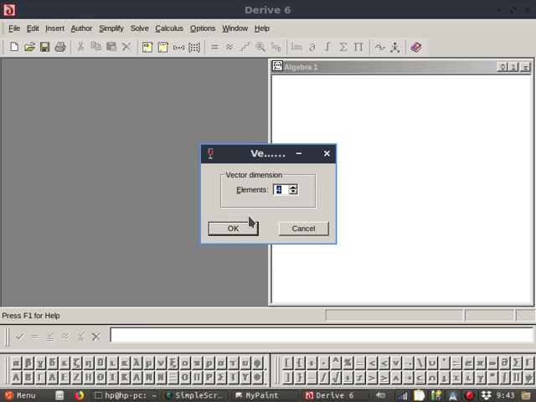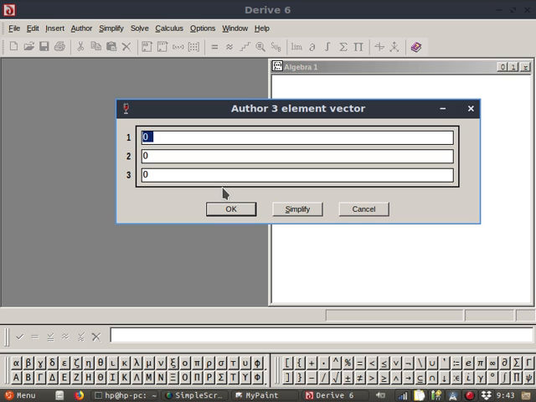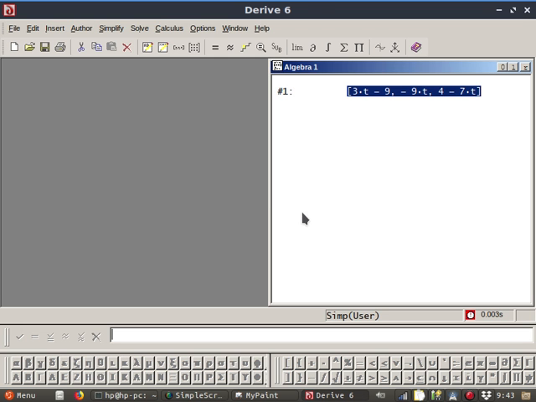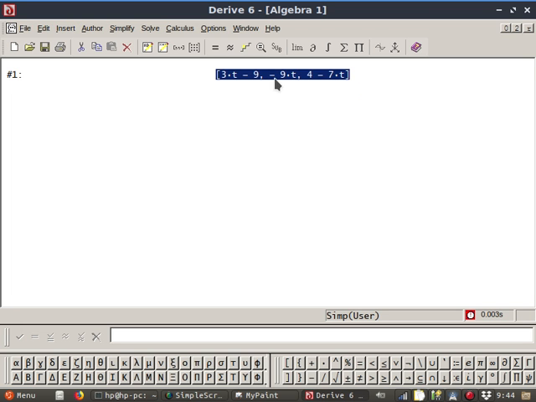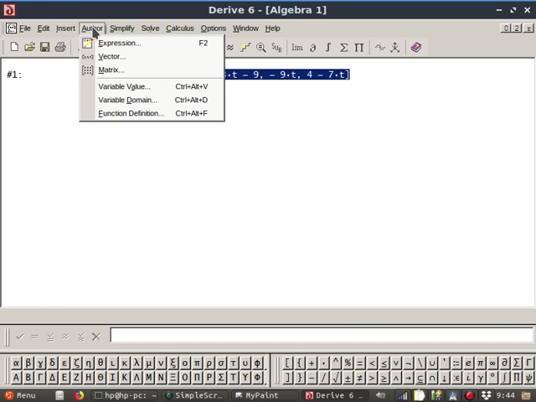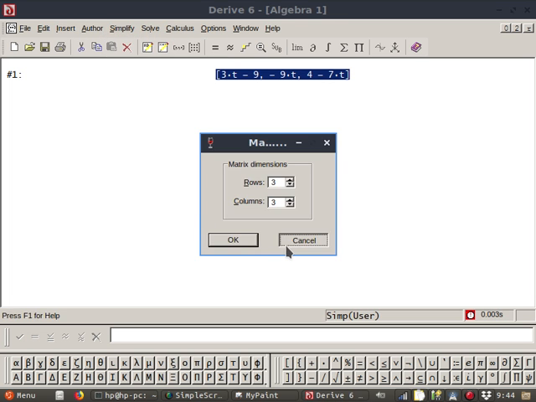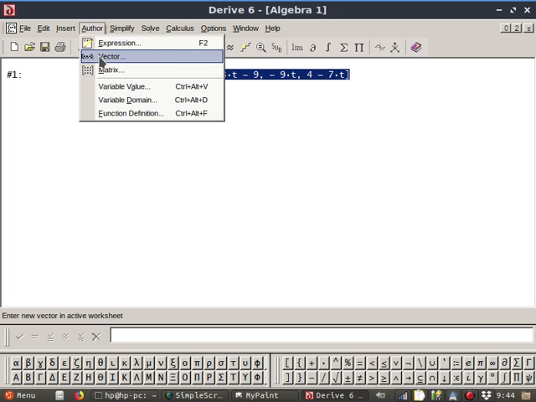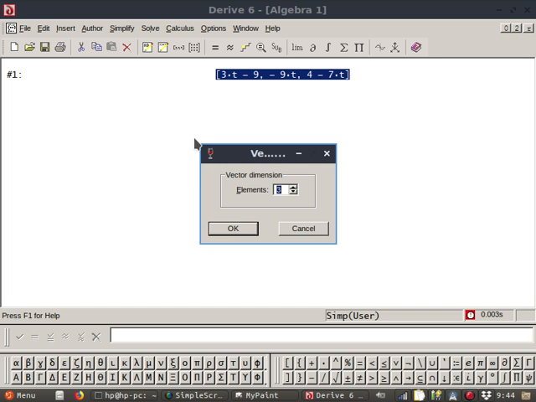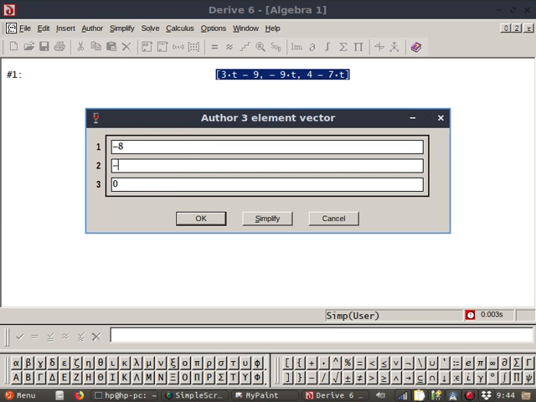Minus 9 plus 3t. What's next? Minus 9t. And 4 minus 17. That's like ijk. The next vector is minus 8, minus 9 plus 4.